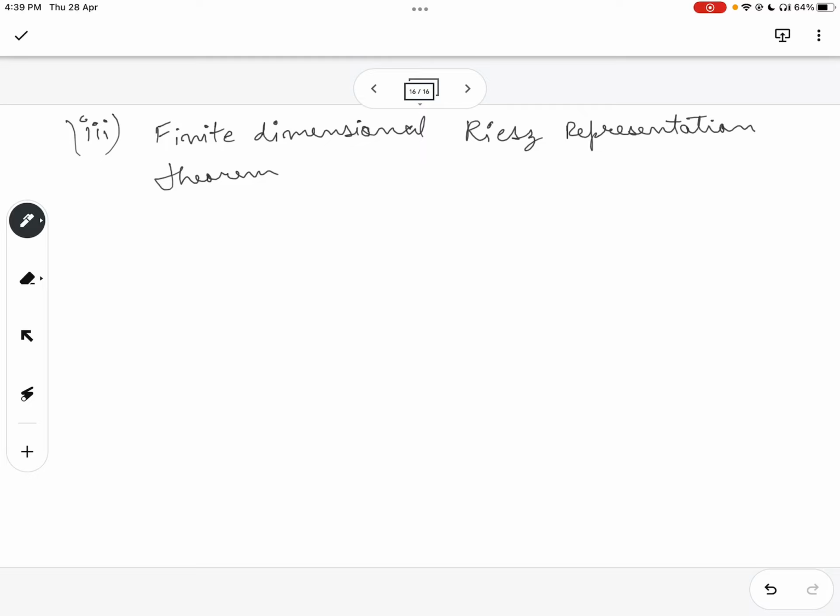So what this states is, let f of v be a scalar valued function of vector v.